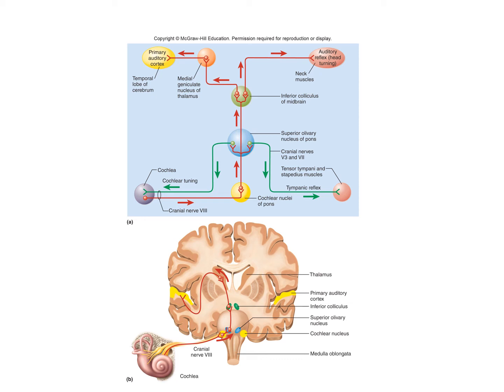And then another feedback system that we have in place is the tympanic reflex, which helps to dampen the amount of energy that's ultimately transferred into the middle and inner ear. So that is part of that protective mechanism that is in response to loud noises.